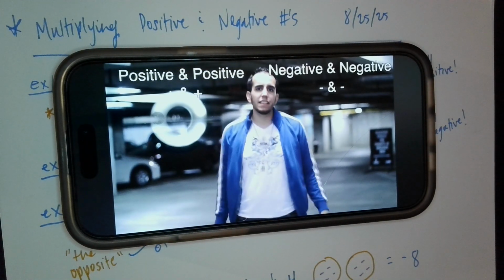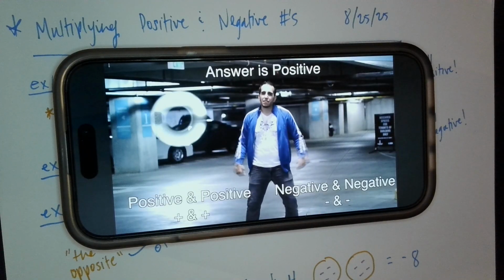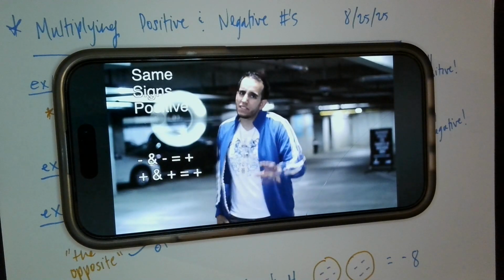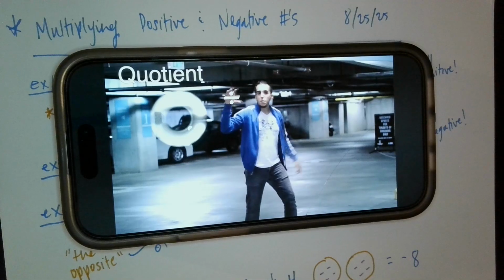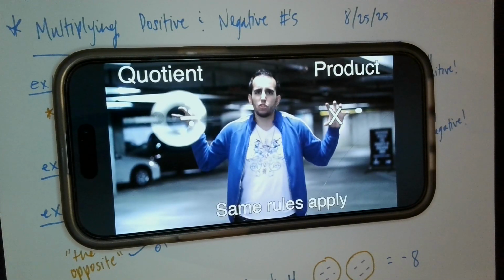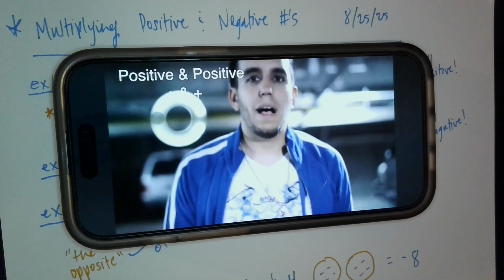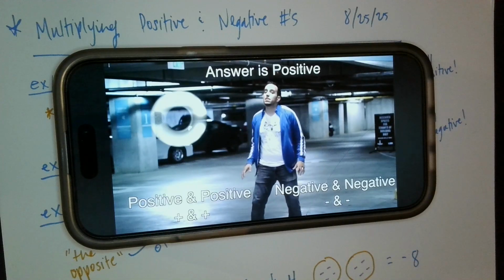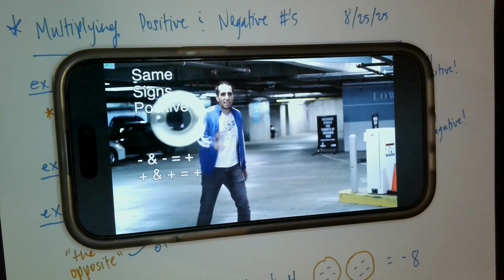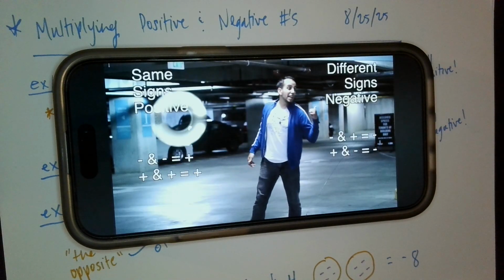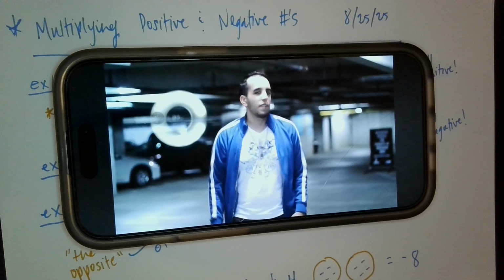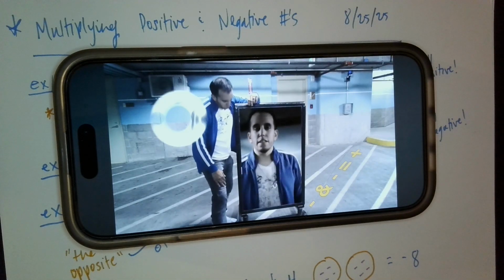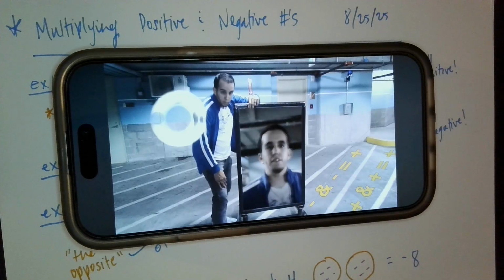Positive, negative, and negative. Answers positive till there's different signs. Same signs, positive, different signs, negative. Quotient product signs, same rules apply. Positive and positive, negative and negative. Answers positive till there's different signs. Same signs, positive, different signs, negative. Positive and negative equals positive, positive and positive equals positive.